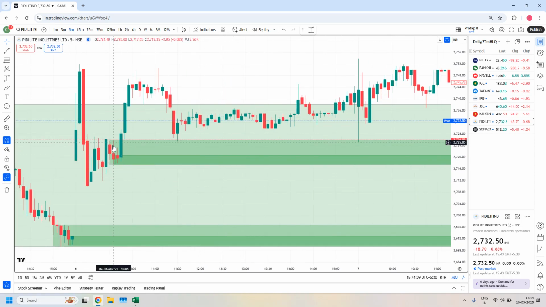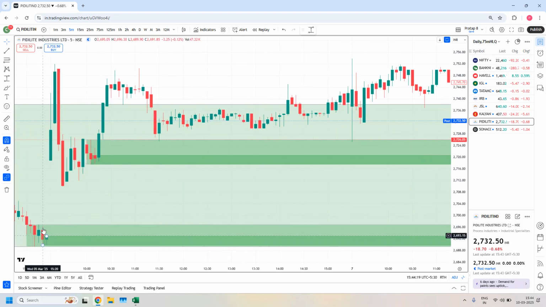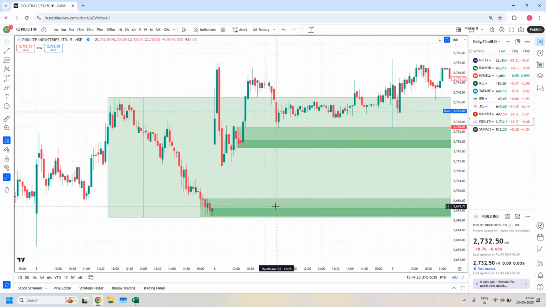See, this is the failed ERC as a drop candle, a base candle and a rally candle. This is the fine-tuned 5-minute zone at type 2. And also this is the drop base rally, another fine-tuned 5-minute zone. So these are the order flows.